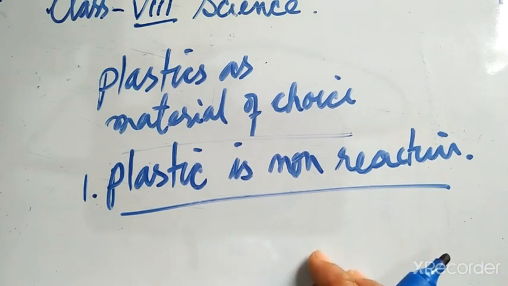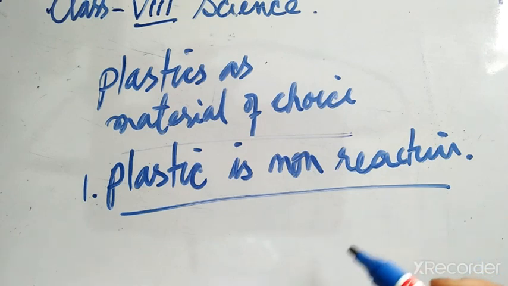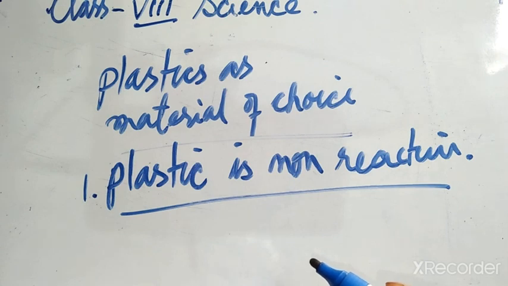Metals like iron get rusted when left exposed to moisture and air. But plastics do not react with water and air. They are not corroded easily. That is why they are used to store various kinds of material, including many chemicals.